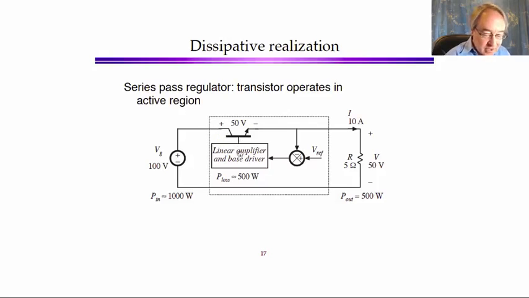With the series pass regulator, what the transistor allows us to do is to build a feedback loop that adjusts the control or the drive of the transistor to regulate the output voltage. But in this example, the series pass regulator is approximately 50% efficient. So we need a very large transistor that can take 500 watts and that has enough heat sinking to dissipate that 500 watts, which is not an easy thing to do.